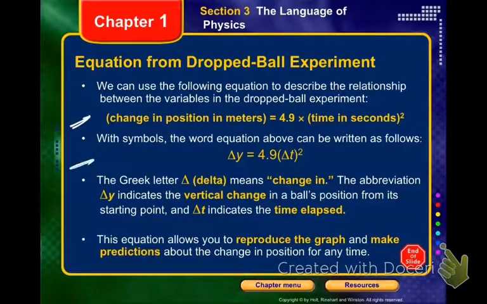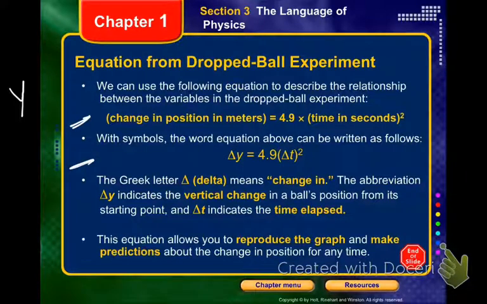So whenever you see the letter Y, it's going to have something to do with change in position. And typically Y, if you're looking at an XY axis, which axis is the Y, the horizontal or vertical? It's the vertical axis. So if you see delta Y, it's talking about a change in vertical position.